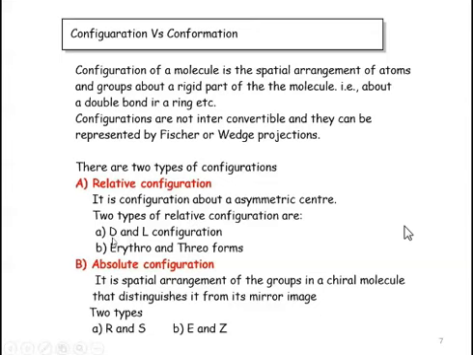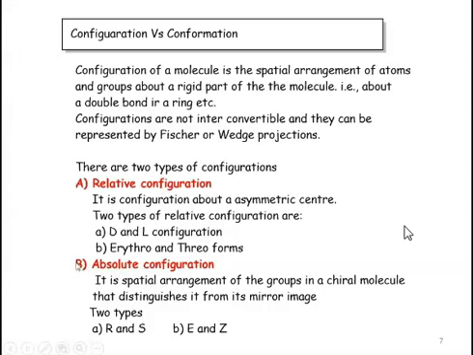In case of D, all the OH groups were lying on one side. L was opposite to D type. In erythro and threo, if similar functional groups are lying on the same side of the chiral carbon, we called it erythro. If they were present on opposite sides, then we called it threo form of the configuration.